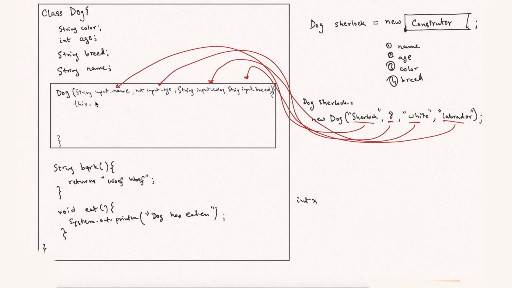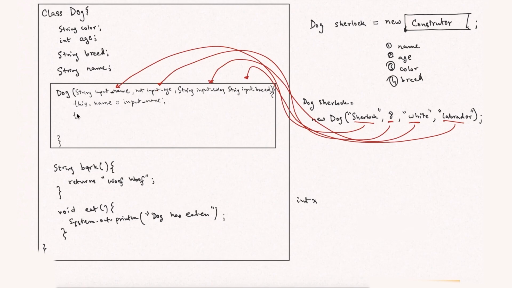So we'll say this.name, which refers to this, equals whatever was input from the user, input_name. All right, this is an underscore, not a hyphen. So I just wanted to make that clear. Sorry about the quality of the handwriting. But this is the first statement we write inside our constructor method.